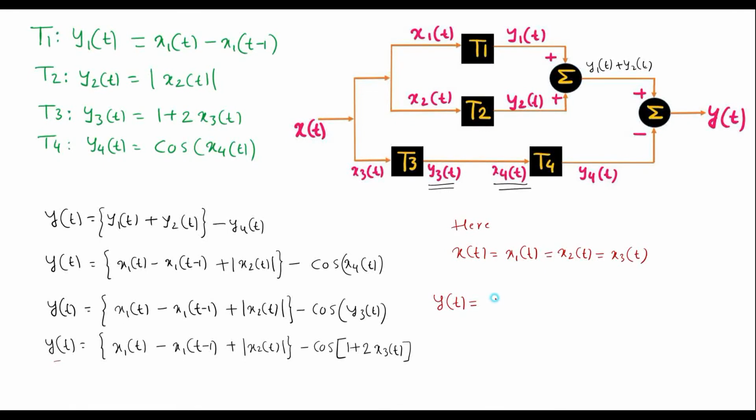Now therefore I can represent this y of t expression as y of t is equal to x1 of t, which is nothing but x of t minus x of t minus 1, plus magnitude of x of t, minus cos of 1 plus 2 x of t.